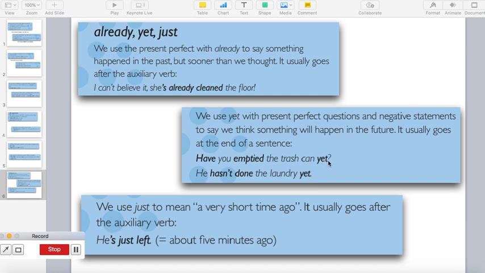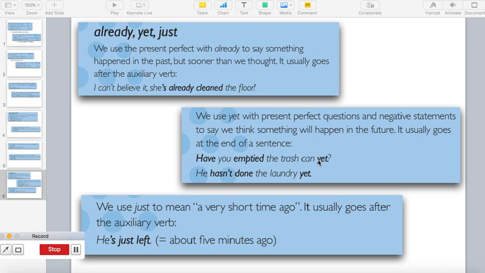So already is something that happened sooner than I thought or expected. Yet is when we think something will happen in the future. El yet es porque pensamos en realidad que va a pasar. No estamos preguntando si lo has hecho alguna vez o si has terminado en general, sino que se espera que vayas a terminar. Por eso utilizamos el yet.